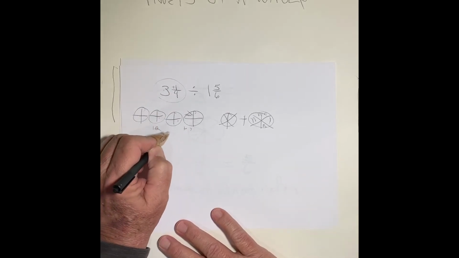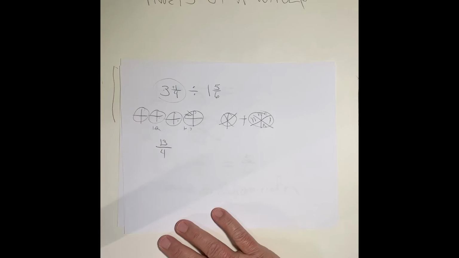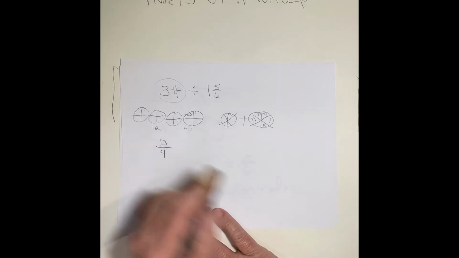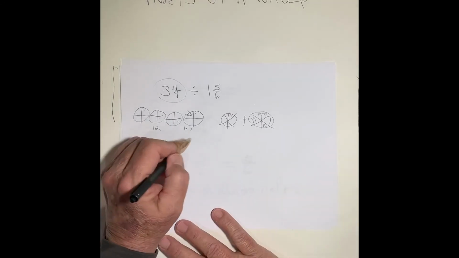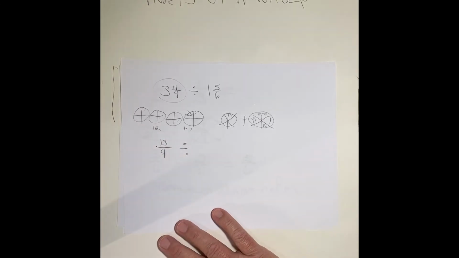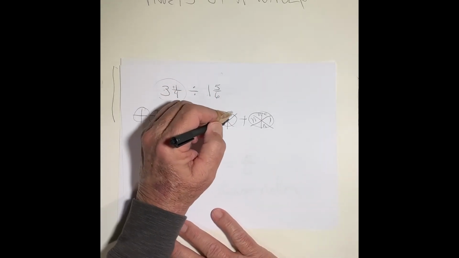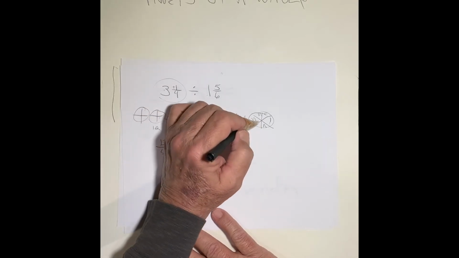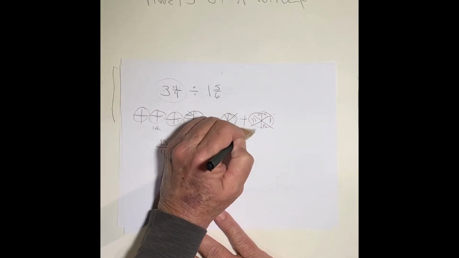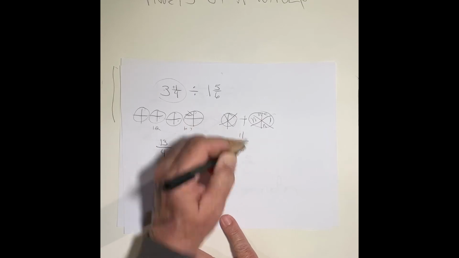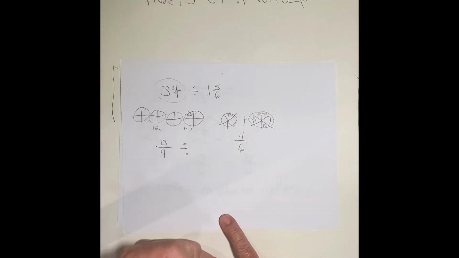So I've got 13 slices, and they're fourths. Now I'm going to take this one step at a time: 1 and 5/6. This pizza has 6 slices, that one's got 5, so that's 11, and they're sixths. We call these improper fractions because the top number is bigger than the bottom number.